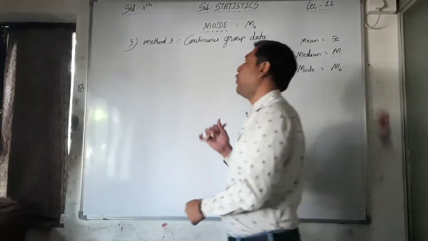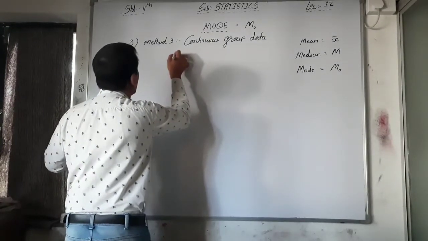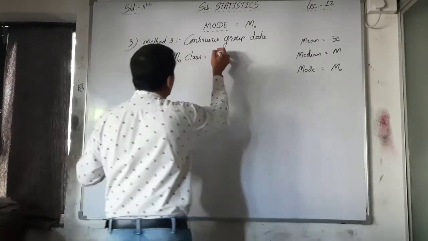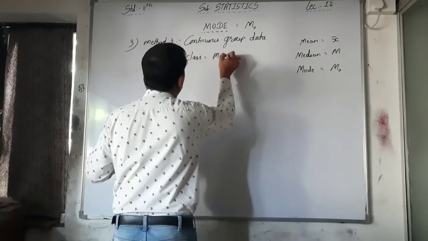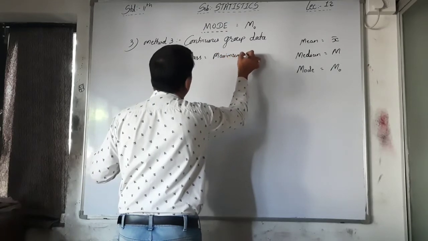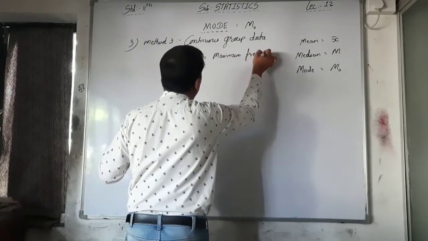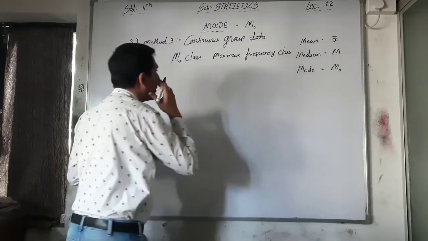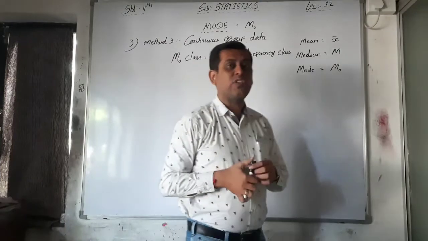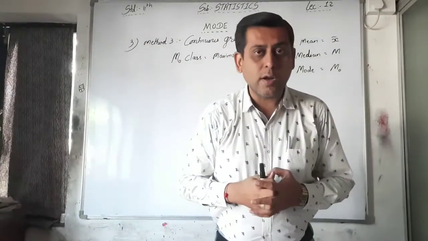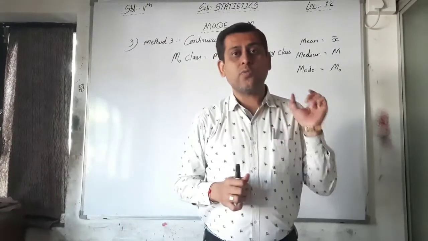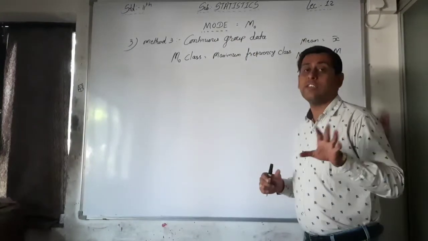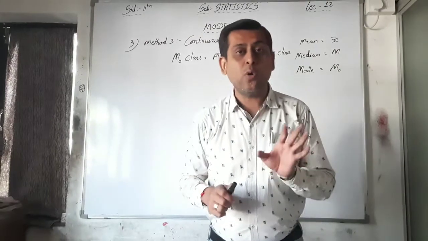Here we first have to find out the modal class, that is MO class is equal to maximum frequency class. First of all we find the modal class by using this: the highest frequency or maximum frequency class is your MO class.